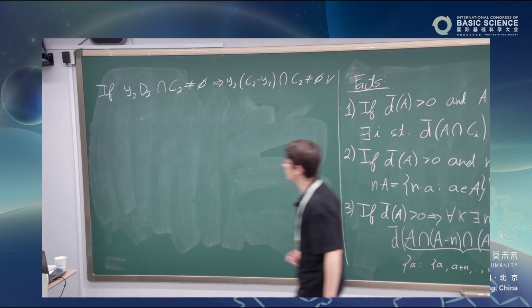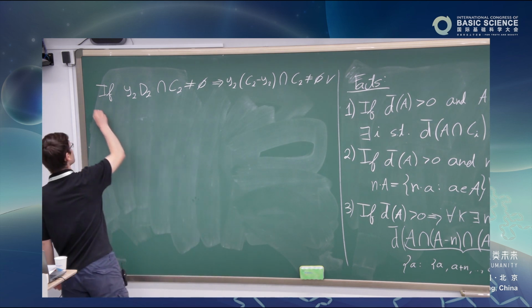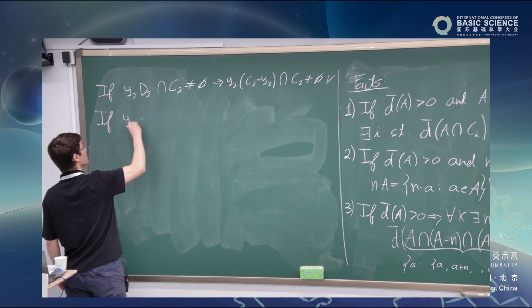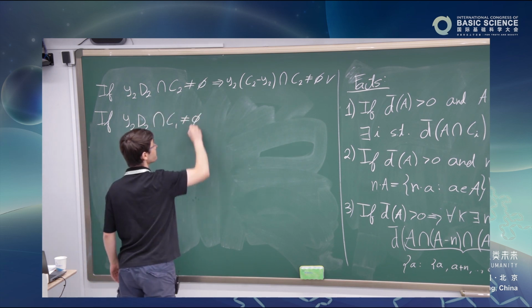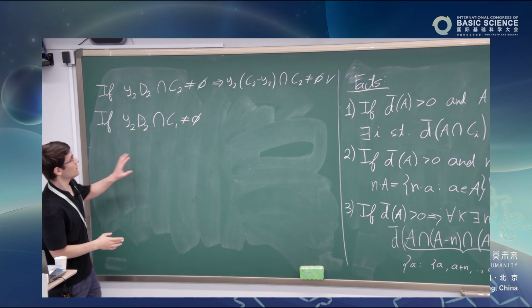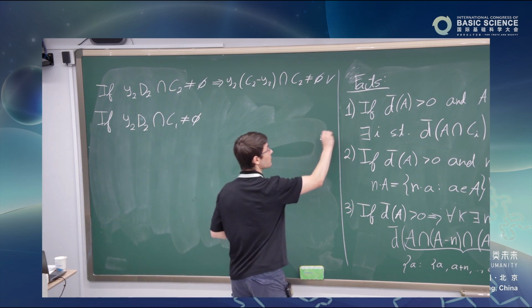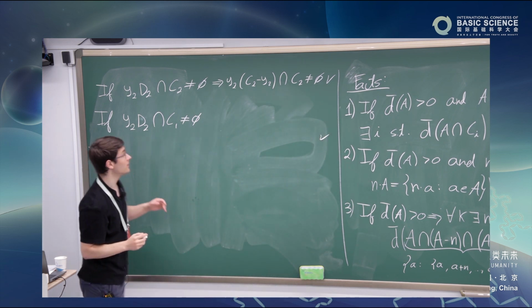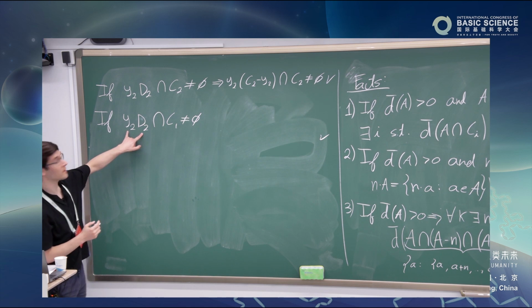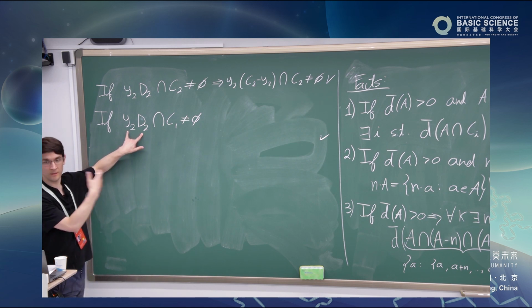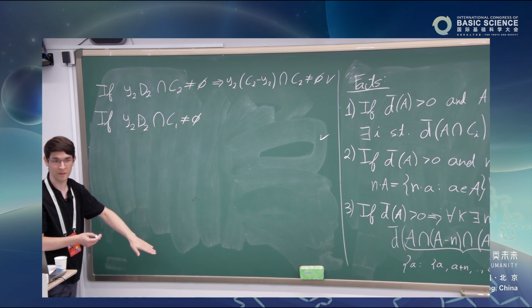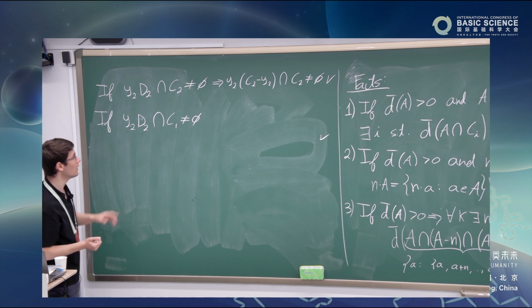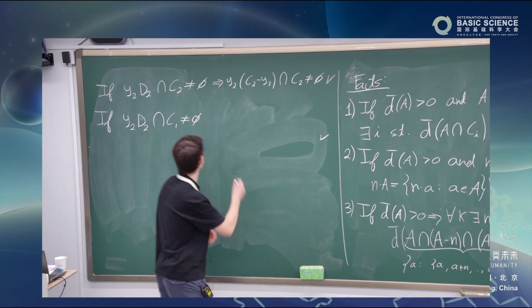That case was easy. Now, I also want to rule out the case that y2 D2 has non-empty intersection with C1. If I can put a check mark here, then it turns out that this set is colored with only the colors 3 up to R. So I already dropped 2 colors, and then maybe you can believe me that you can keep dropping colors one by one. But why is this case okay?